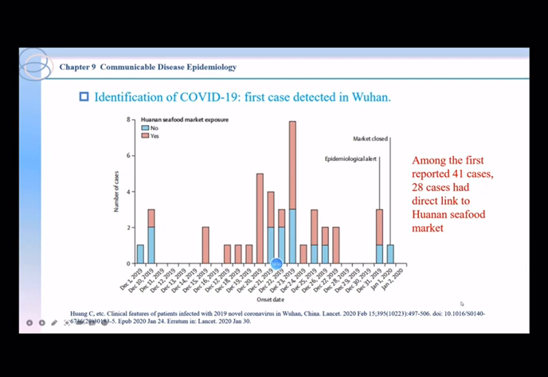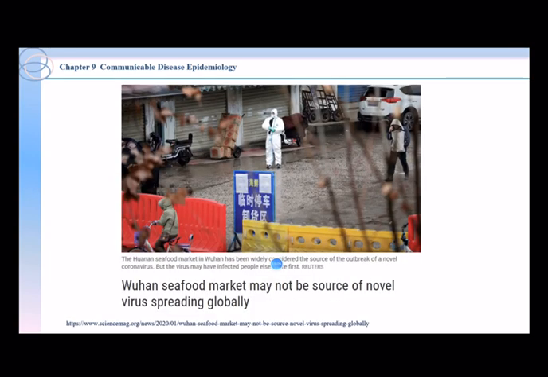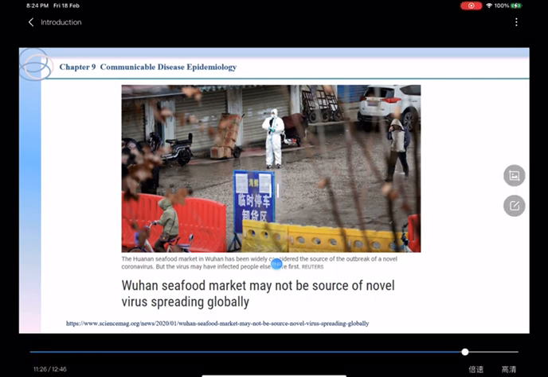Among the first reported 41 cases, we believe at least 28 cases had a direct link to the Huanan seafood market. But whether or not the Huanan seafood market was the origin of COVID-19 is not really sure.